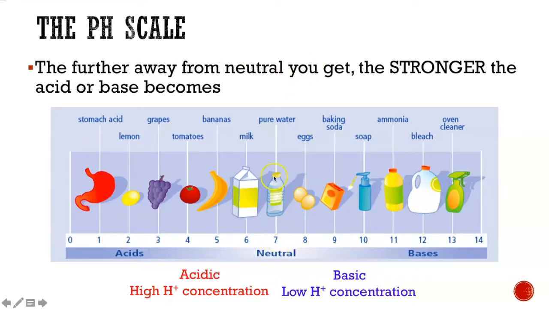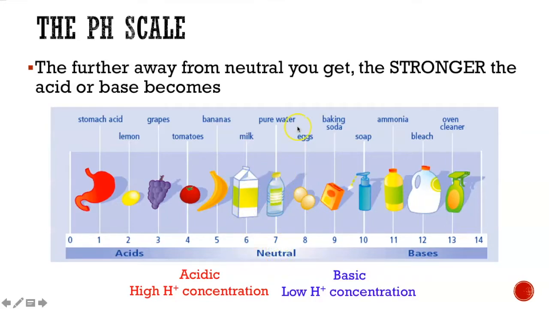So remember, neutral is 7 here, that's pure water. If I start to move slowly to the left, I'm in the acidic territory, and I'm going to be getting stronger and stronger the further away I get. So 0 is the strongest acid we can possibly have, whereas 6 is not a very strong acid.